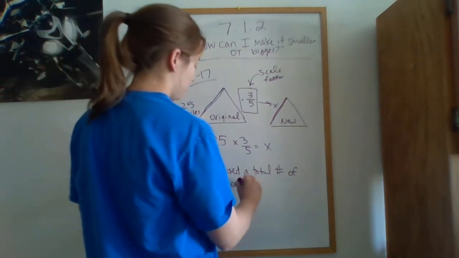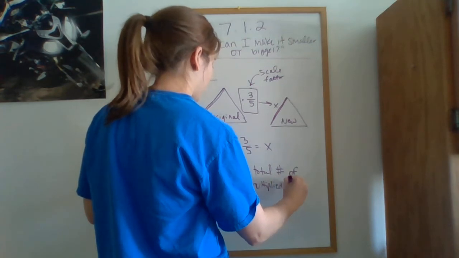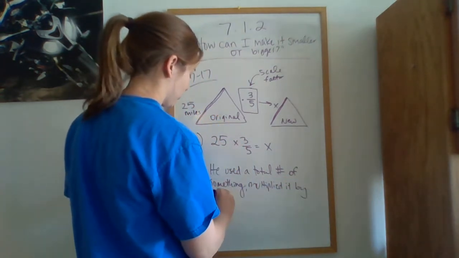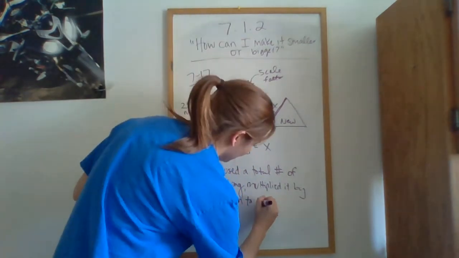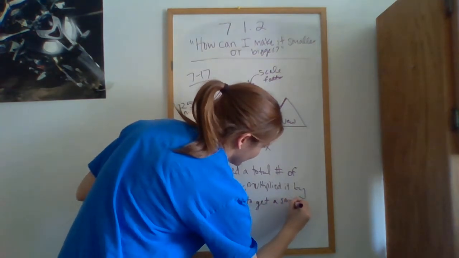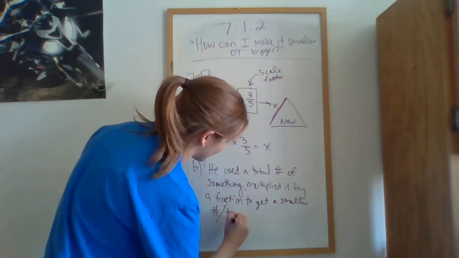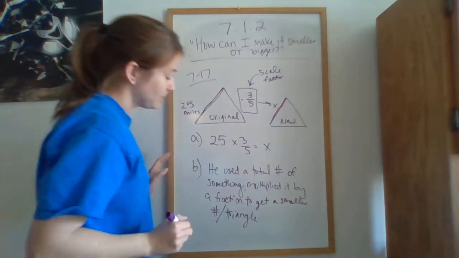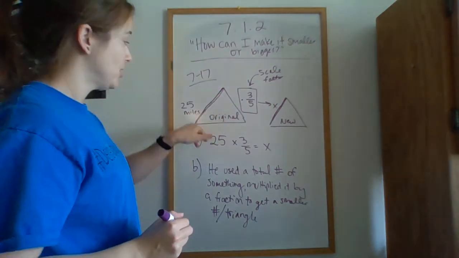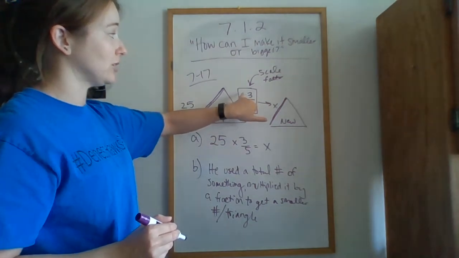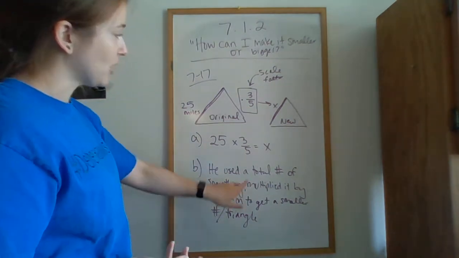He multiplied it by a fraction, which was 3/5, to get a smaller number or a smaller portion. So I put, or triangle, so I put slash triangle. Because when we went from 25, we took 3/5 of 25, which was 15, and so that's a smaller number. So when you multiply by a fraction, when the numerator is smaller than the denominator, you're going to come out with a smaller product. So our smaller product was 15.